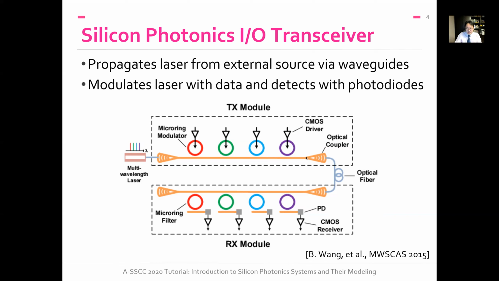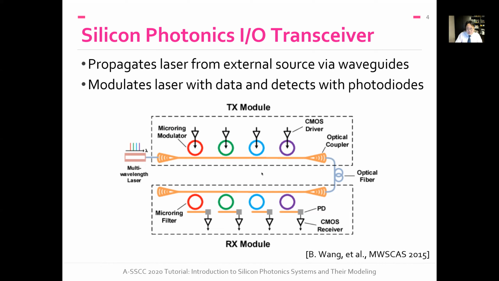Now that optical signal propagates through the optical fiber to the receiver chip. At the receiver side, you use some sort of optical filter that will select the particular wavelength that you want to listen to. And then you convert the intensity of that particular wavelength optical signal back to an electrical signal, typically using a photodetector.